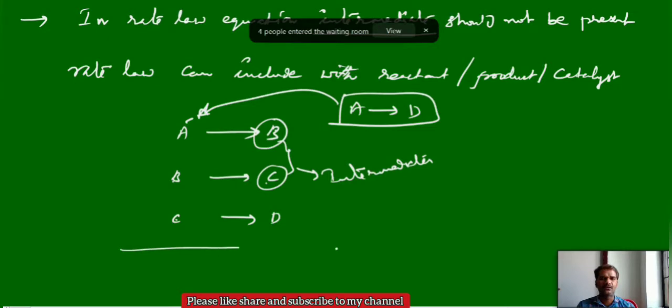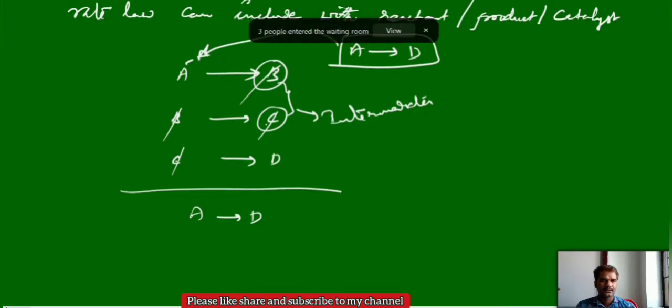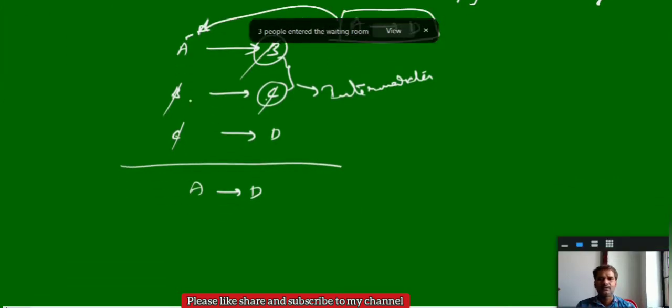So, you can write the overall reaction like this. The C's cancel and the B's cancel. What is left? A is giving D only. But this is stepwise, not a single step. It is a stepwise path. This stepwise study we call the mechanism. The stepwise study of a reaction is called mechanism.